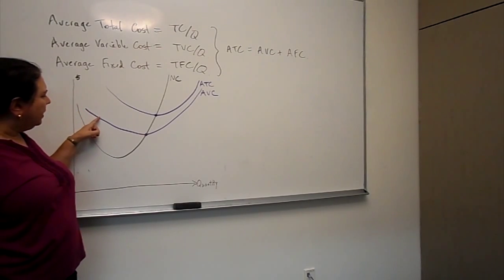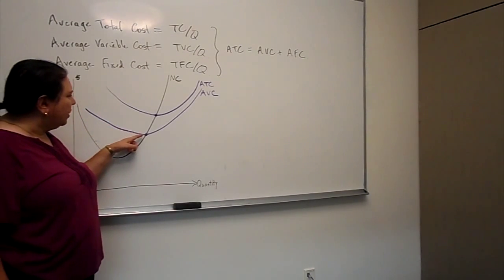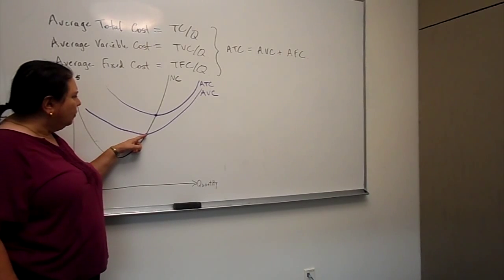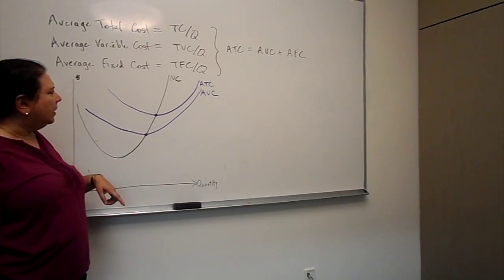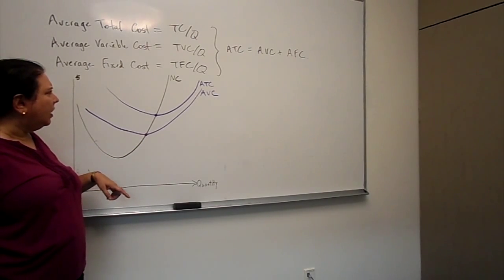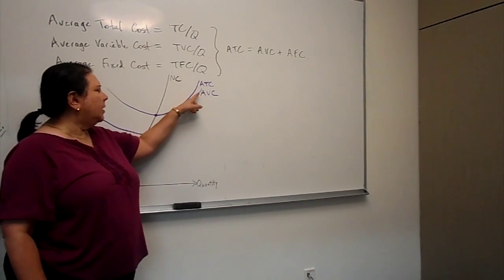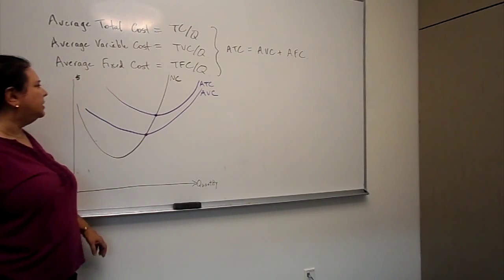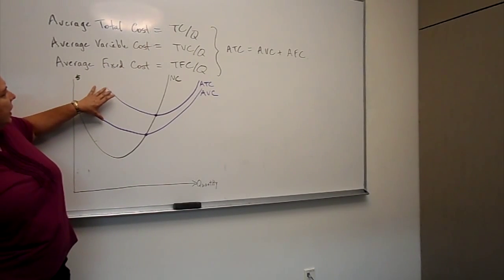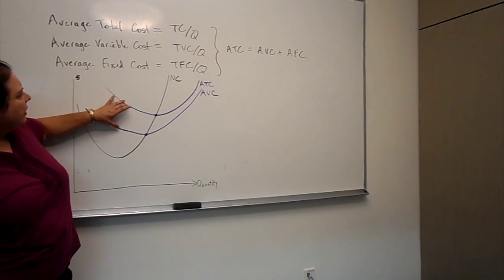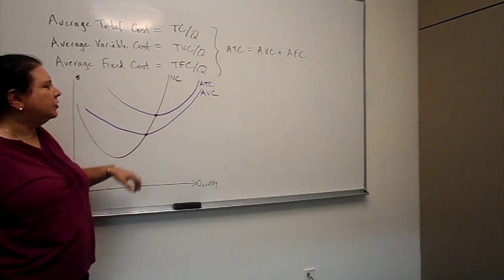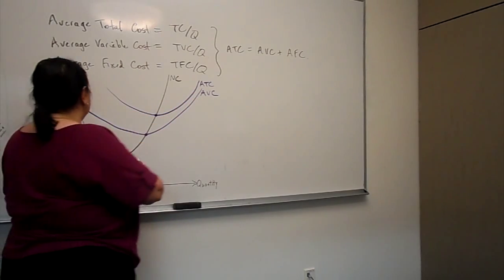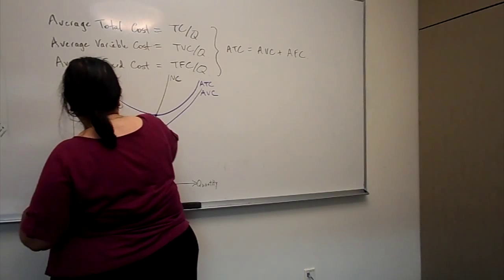It comes down and hits marginal cost at only one point, which is the minimum of the average variable cost, and then it comes back up, and you'll notice that the difference between the average total cost and the average variable cost is falling, and that's because the difference between the two is the average fixed cost, which looks like this.